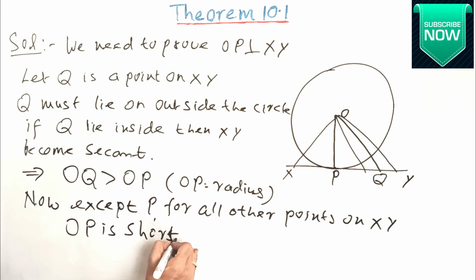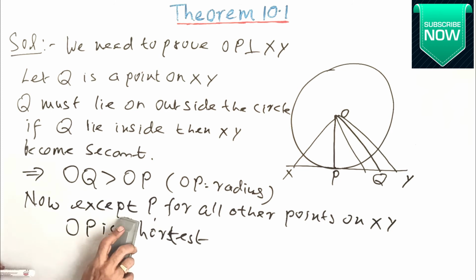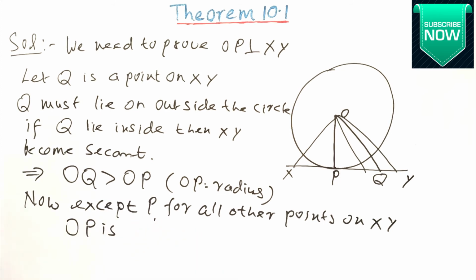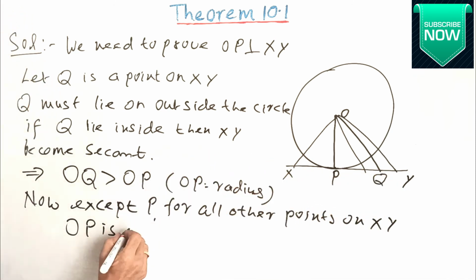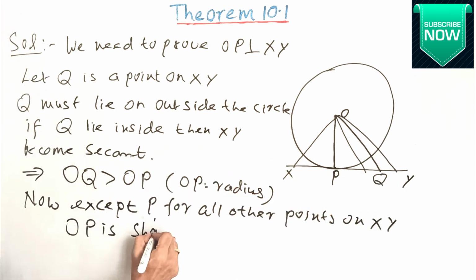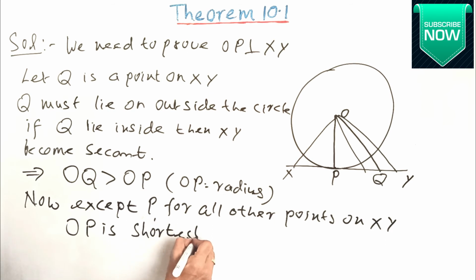OP is shortest of all. Okay students? Listen, pay attention word to word. Except P, for all other points on XY, OP is shortest.